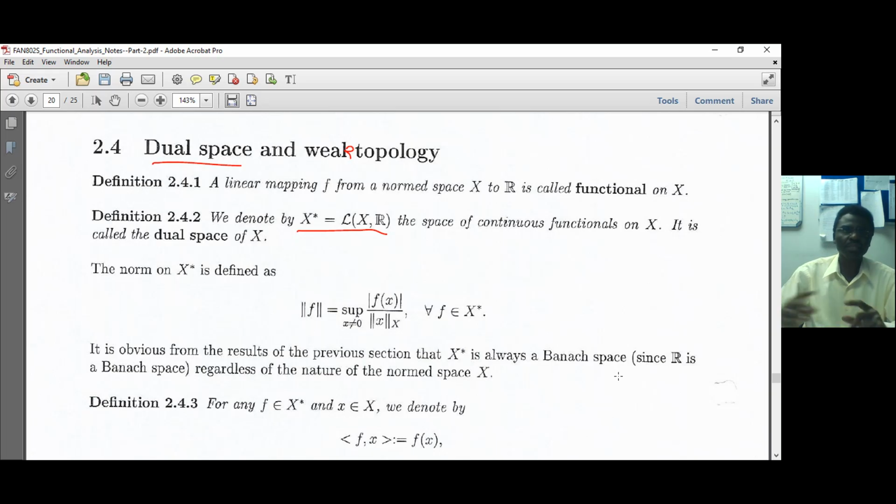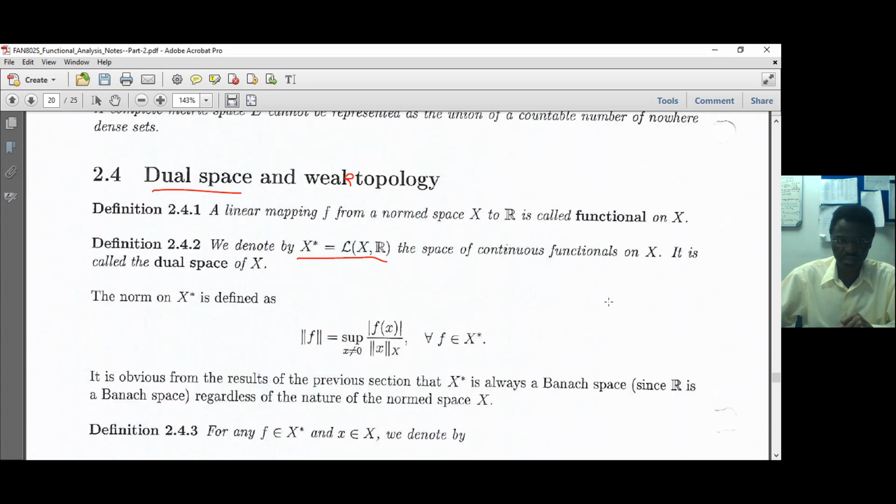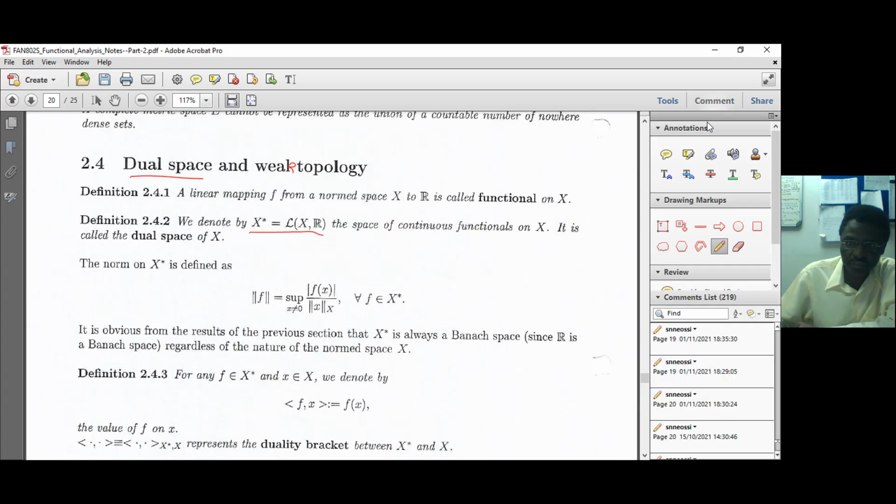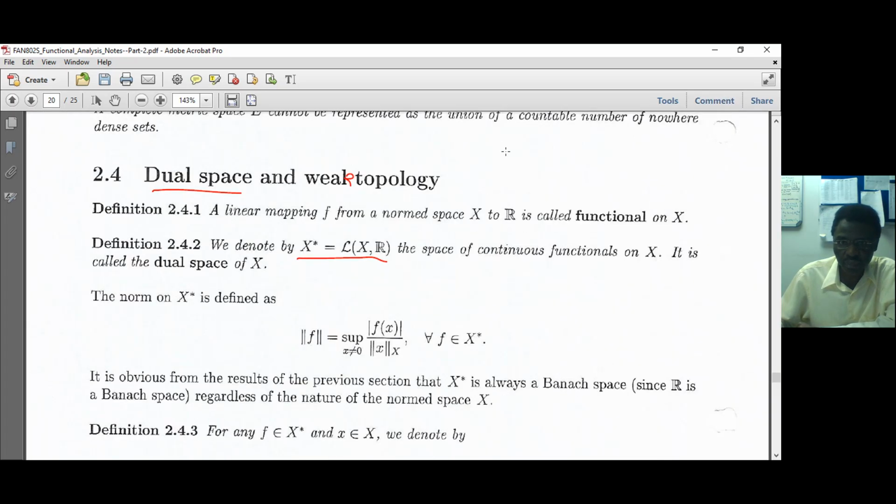So if you recall what we discussed last time, because I mentioned this concept of dual topology, when we discussed the space of bounded linear operators from the norm space X to the norm space Y. So X and Y are norm spaces.